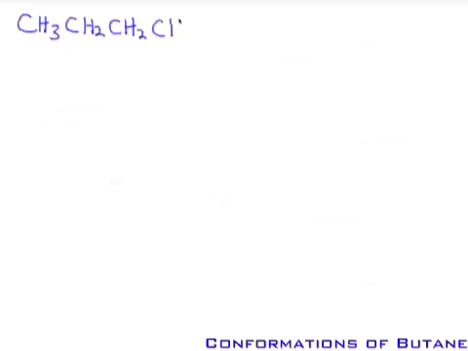You're going to see different Newman projections depending on which carbon-carbon single bond you look down. If I draw butane this way, for example, and I told you to look down the carbon-1, carbon-2 bond so that you put your eyeball here, what you're going to see are the 3 hydrogens sticking off the front carbon. And then off the back carbon, you're going to have 2 H's and this big ethyl group.